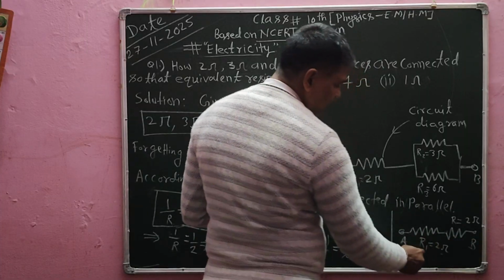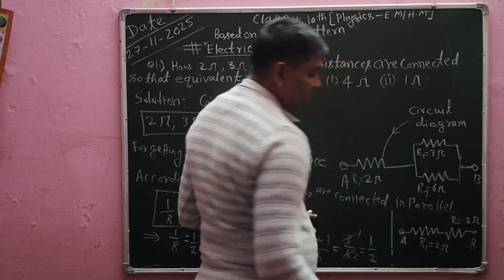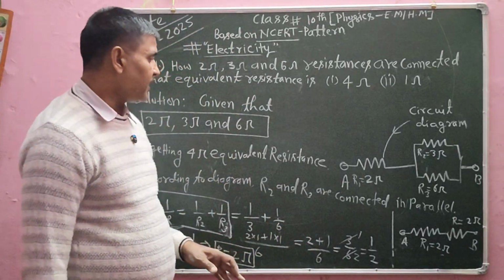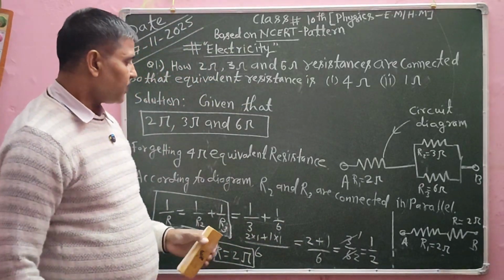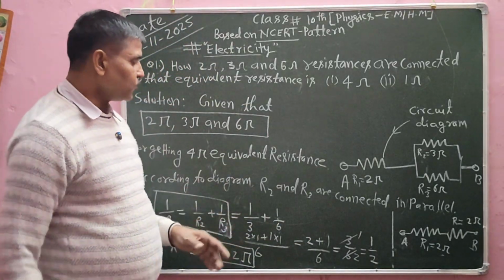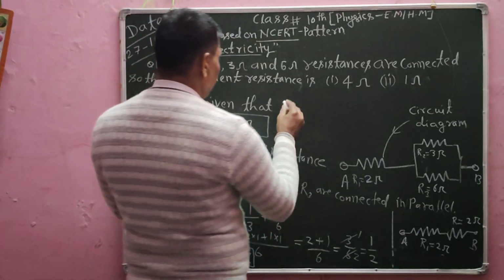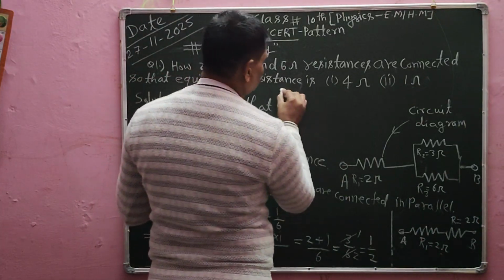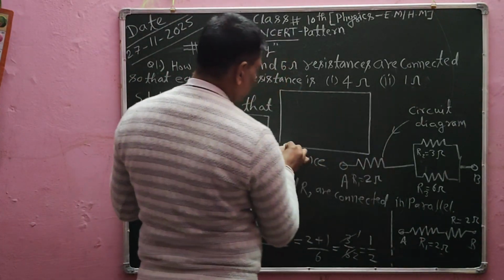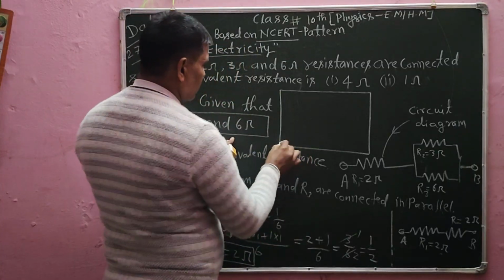So there are two resistances, one is R1 and other is R. So we have to get the equivalent resistance. All these informations I will explain, but I am going to get its solution. So that solution I will give in the box.